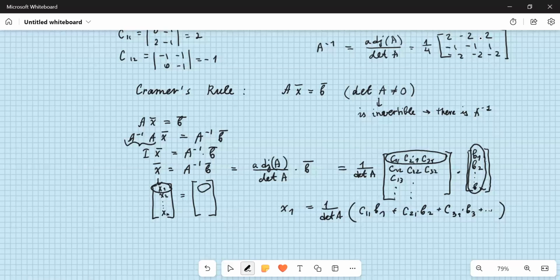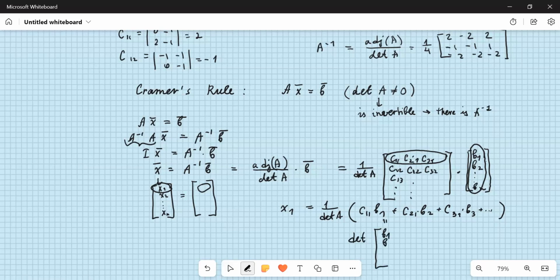But if I'm using C11, C21, C31, that's going to be a determinant of the same matrix A, but by the first column. Because I'm multiplying elements B1, B2, Bn, these are going to be like elements which you put into determinant. So actually this is determinant of the next matrix.